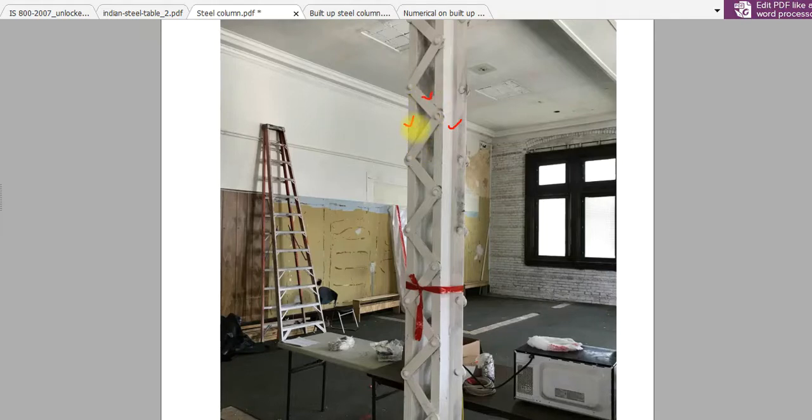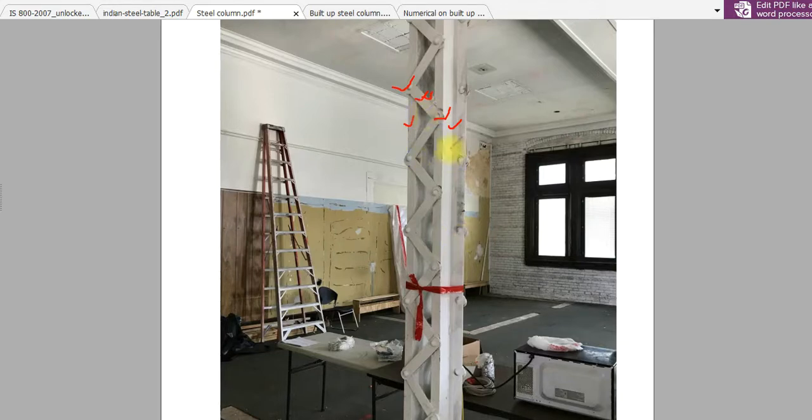This lacing connects or binds these two channel sections by bolting or riveting at these points. So this total column is called a built-up column.